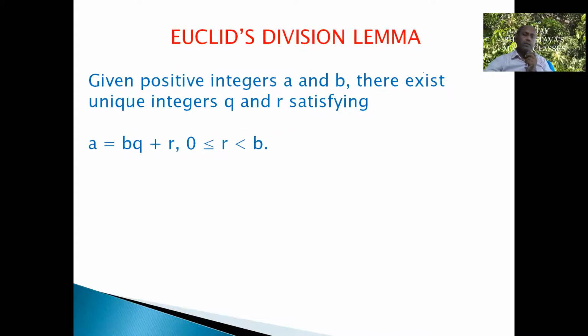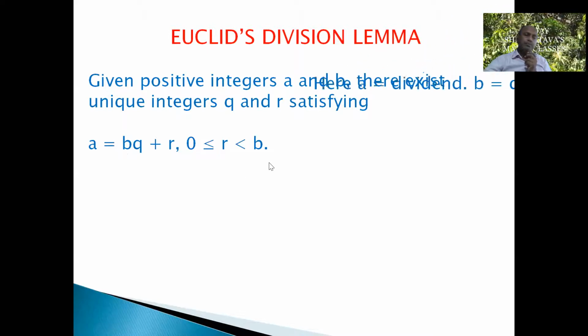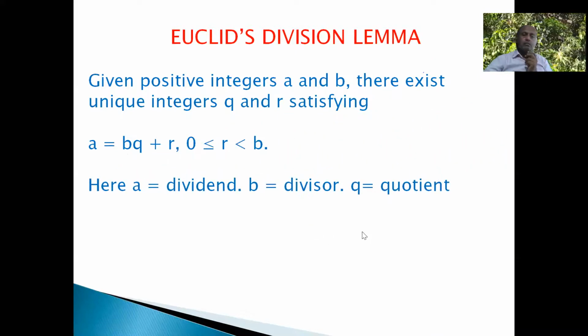Just now I have explained to you. Here a is called dividend, b is called divisor, q is called quotient, r is remainder, where remainder must be greater than or equal to 0 and less than the divisor. You have to learn this division lemma and write it in your notebook.